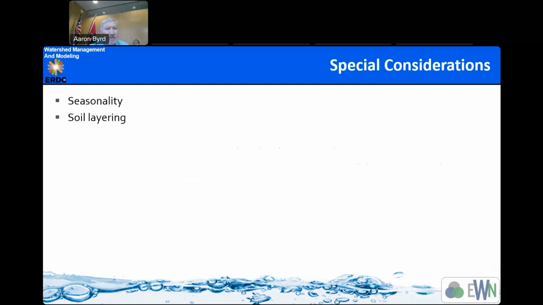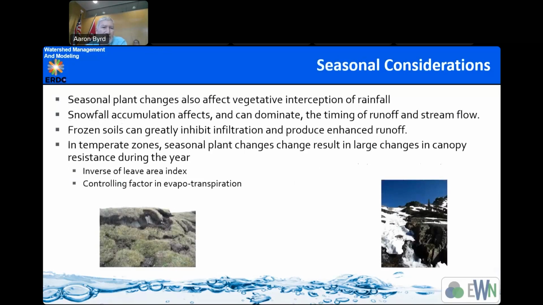Special considerations are seasonality and soil layering. So seasonal plant changes affect the interception of the rainfall. Snowfall accumulation, where you get a snowfall accumulation and then melt, completely changes the timing of your runoff and stream flow.